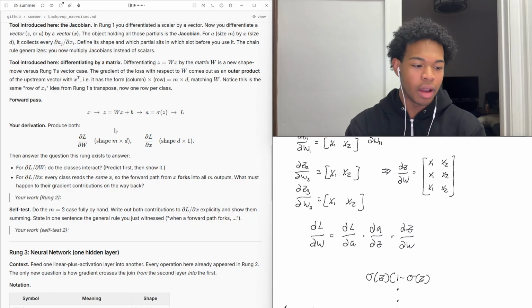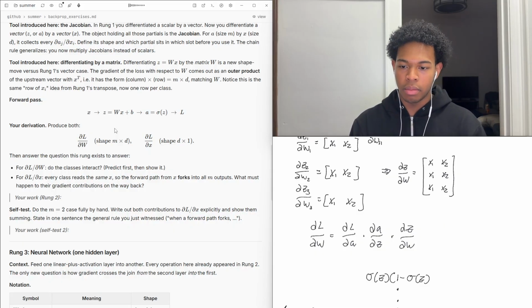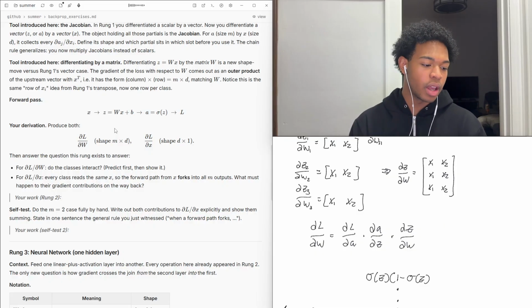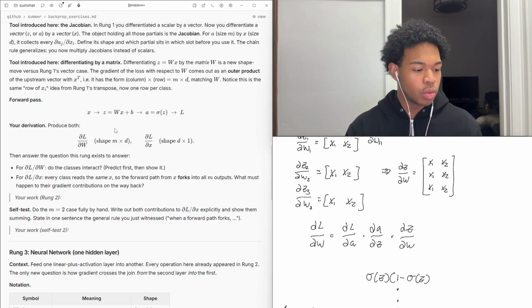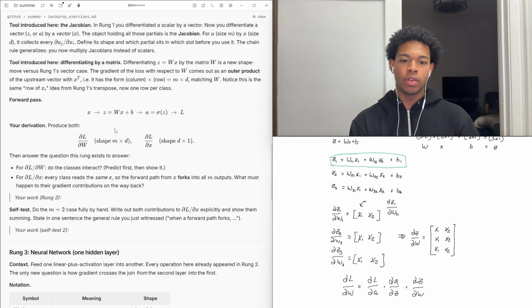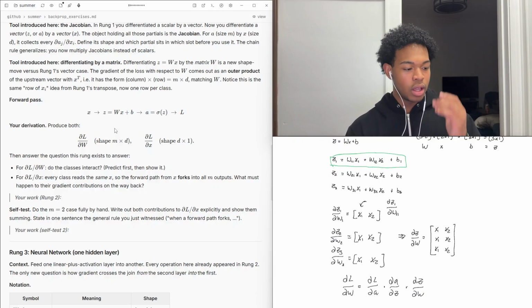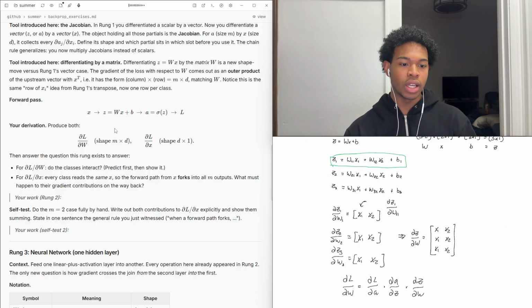So I have a quick question. I'm working on rung 2 right now, and I'm curious about my self-test. I ended up doing m equals 3 and d equals 2, and what I did is I sort of worked backwards. I first did the partial derivative of z with respect to w, and I did m equals 1 as an edge case, with z1 equals w11 x1 plus w12 x2 plus b1, and I wrote that that one solution is x transpose.